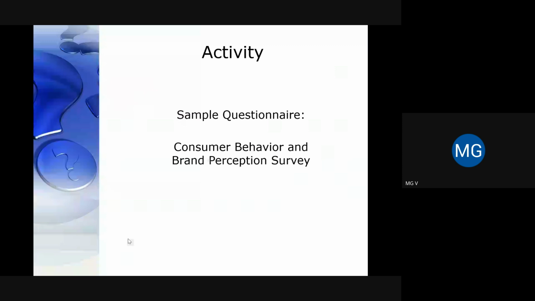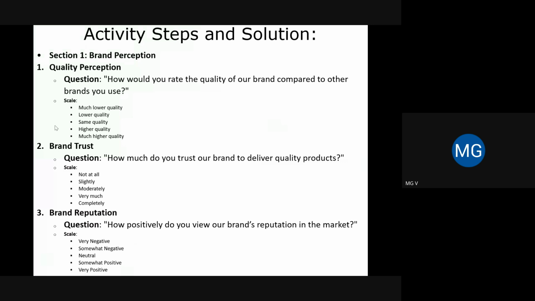So let me show you the sample questionnaire on consumer behavior and brand perception survey. Now see, we have divided the questionnaire into different sections. You remember initially we have discussed DVs, IVs and other points.